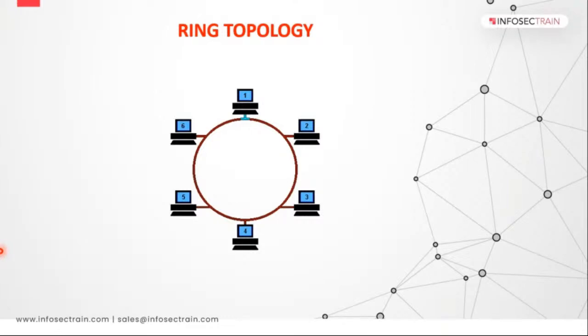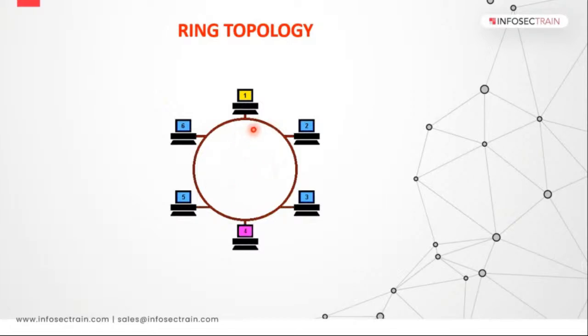So in ring topology, we have token passing, right? Now, what happens, guys? Every time there is a token going around. So if you see, it will start roaming around, right?